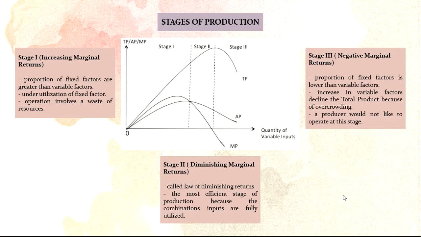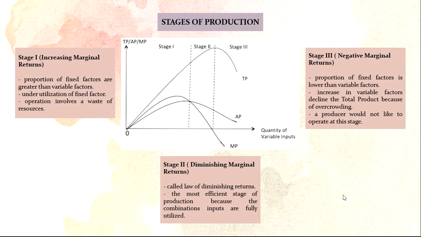What we need to do is add more variable input. Other than that, in stage 1 there is underutilization of the fixed factor, and the operation involves waste of resources.